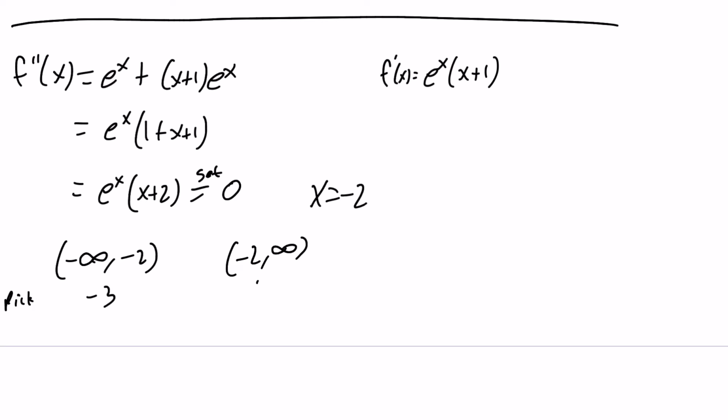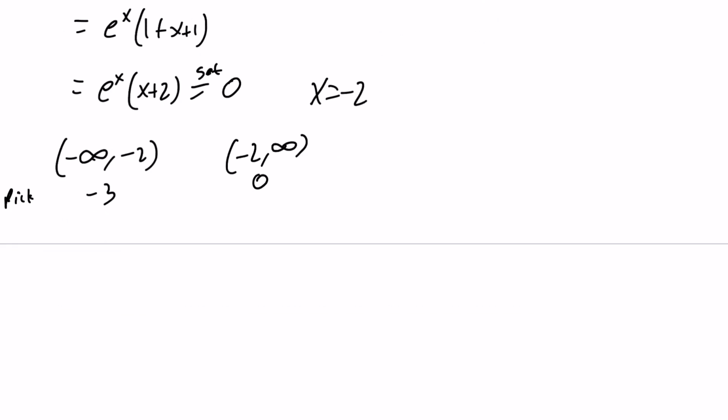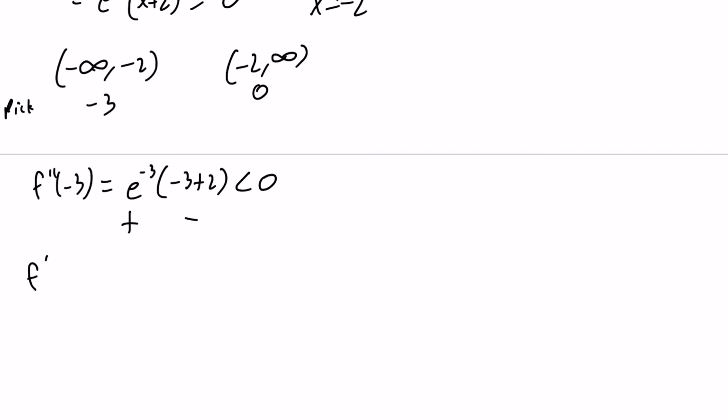I'll pick -3 and 0 again. F double prime of -3 is e to the -3 times -3 plus 2. Let's see, e to the -3 is positive, -3 plus 2 is negative, so this will be less than 0. And then lastly, f double prime of 0 is e to the 0 times 0 plus 2, which is 2, which is bigger than 0.